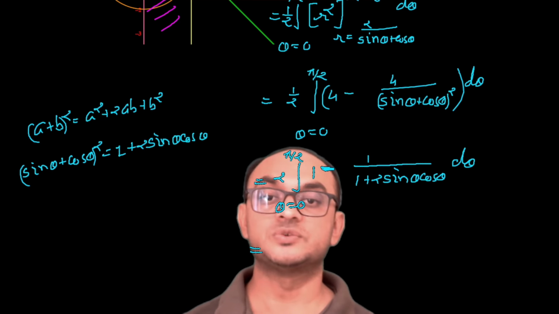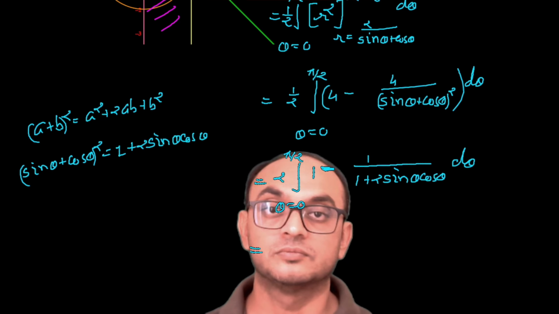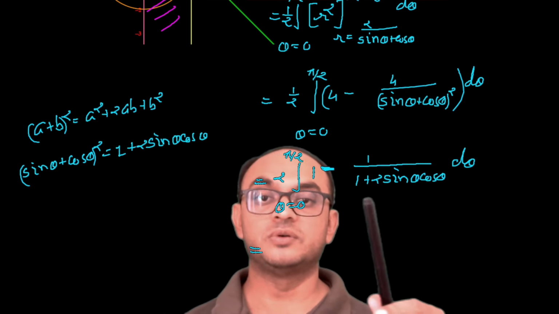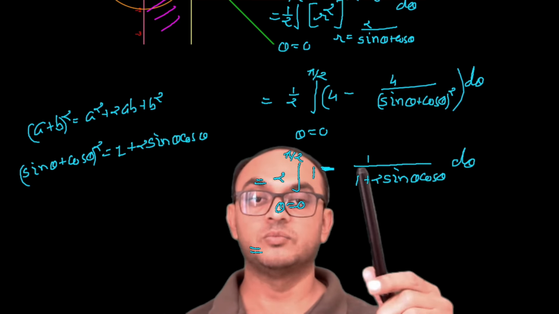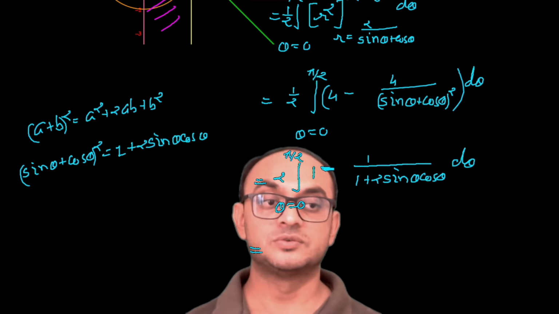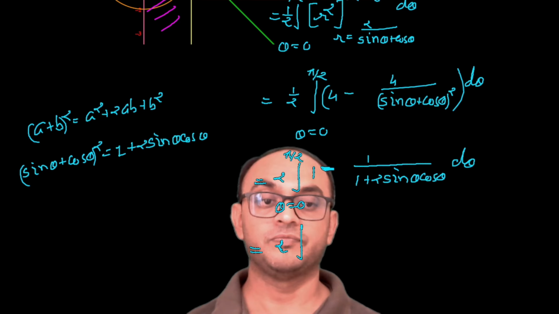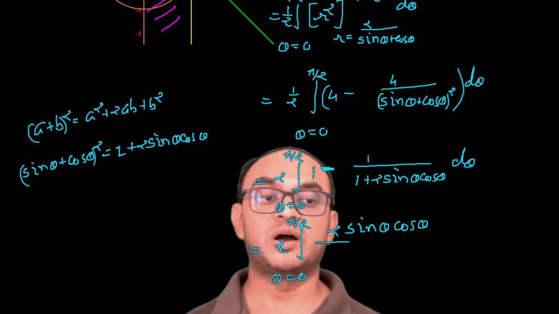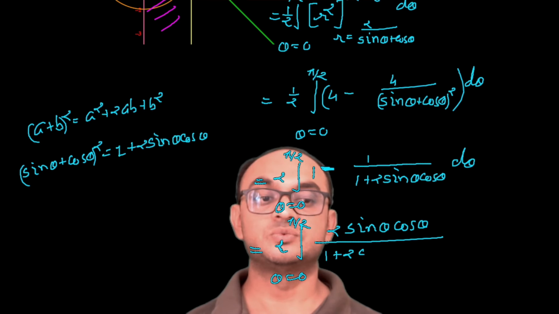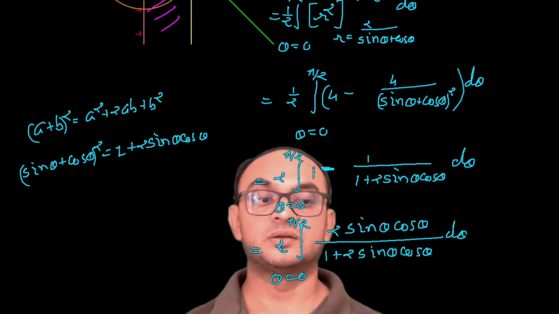And so this is equal to, now see, when you take this LCM, then 1 plus 2 sin theta cos theta minus 1, which becomes 2 times the integration theta equal to 0 to pi by 2 of 1 plus 2 times sin theta cos theta minus 1, which is 2 sin theta cos theta, divided by 1 plus 2 sin theta cos theta, d theta.